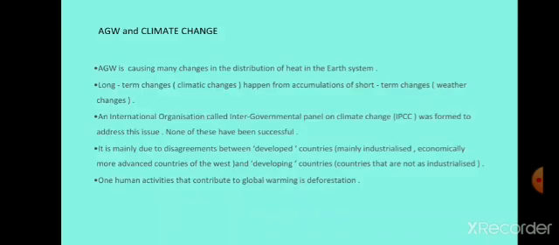AGW and climate change. AGW caused many changes in the distribution of heat in the Earth system. Second, long-term changes. Climate change happens from accumulation of short-term changes, weather changes.